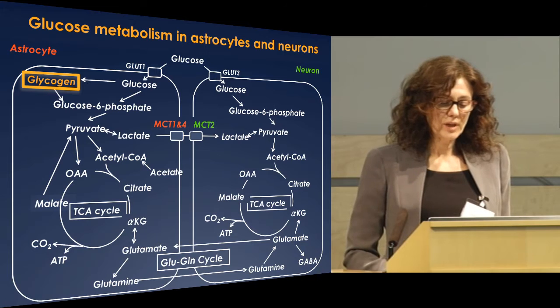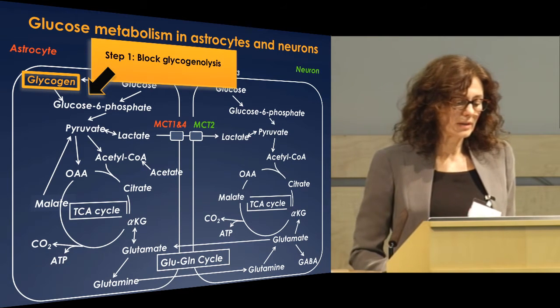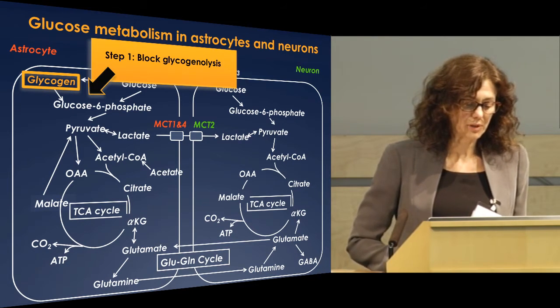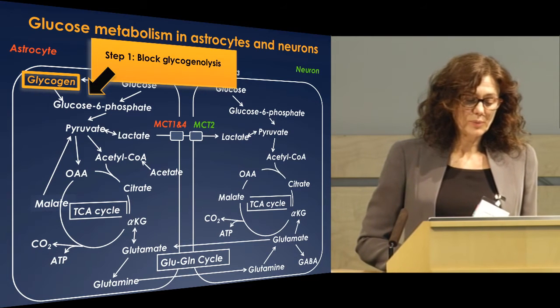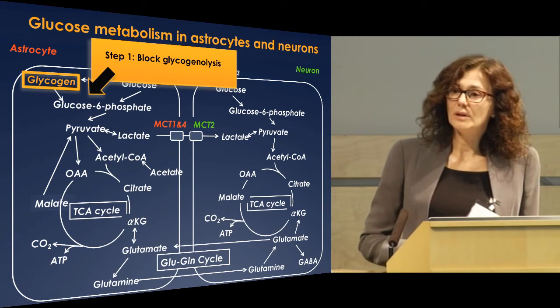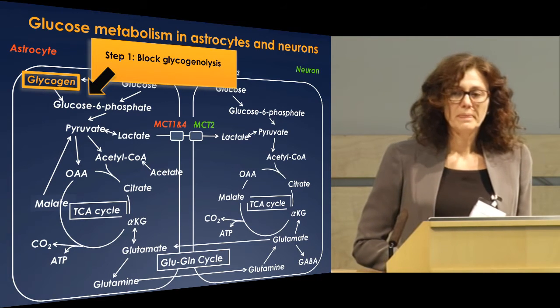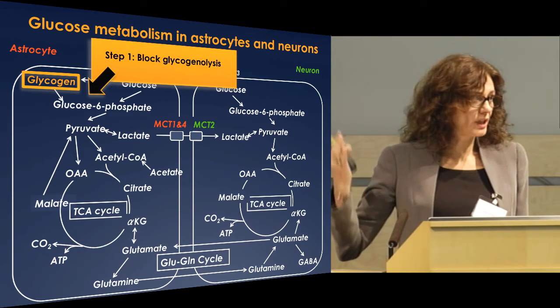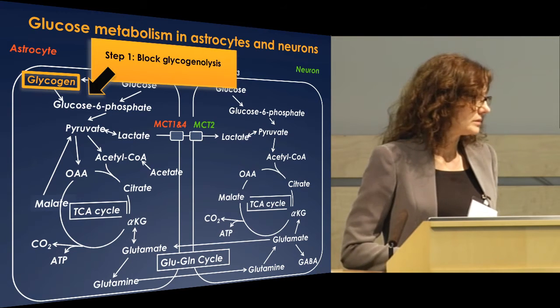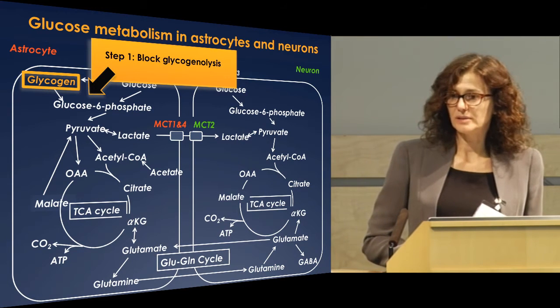I'm going to just summarize because these data are published, and then I'm going to go to something that is non-published. So in the first set of experiments, they asked, if I block glycogenolysis, do I have an effect on memory? Do I have an effect on those changes that occur with learning? And the answer is yes, in both cases.